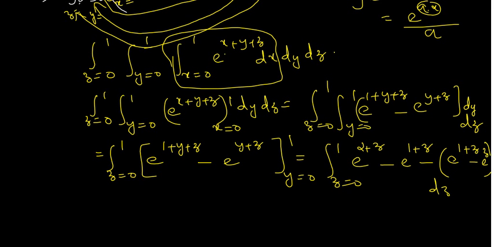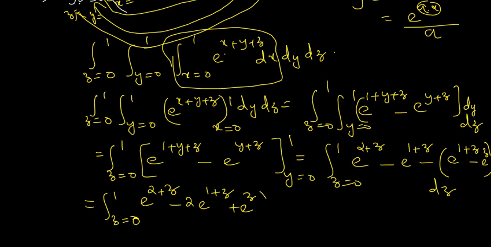So this is z from 0 to 1, e raised to 2 plus z, minus e raised to 1 plus z, minus e raised to 1 plus z, so it is minus 2 into e raised to 1 plus z, then minus minus plus e raised to z.